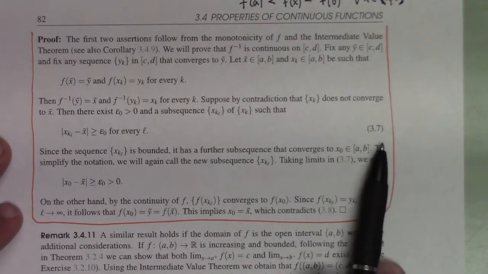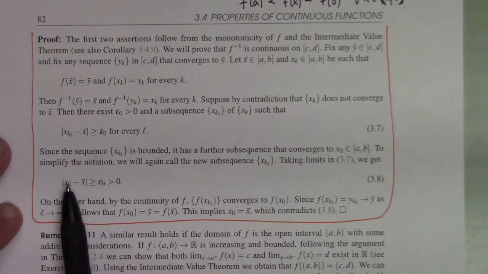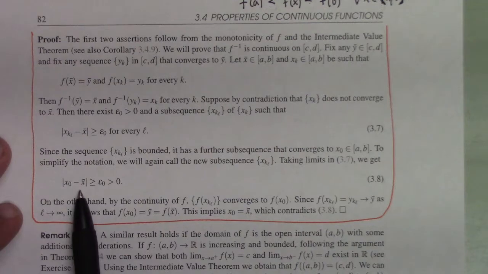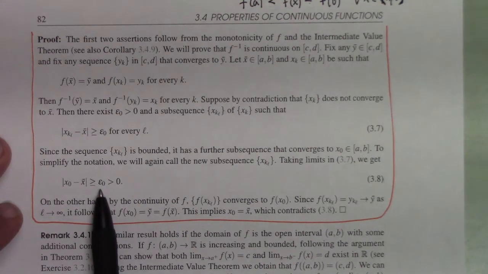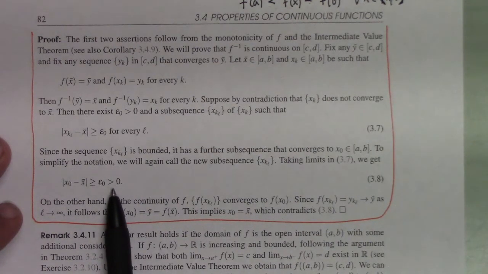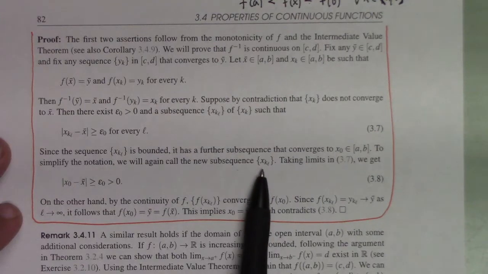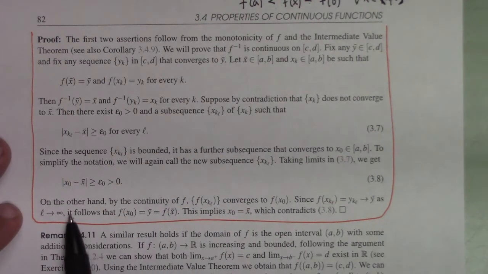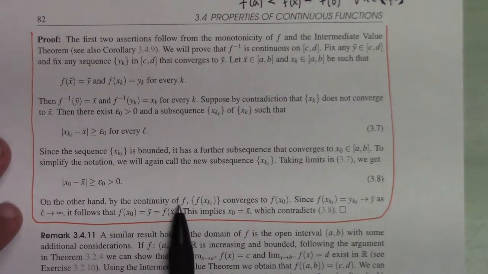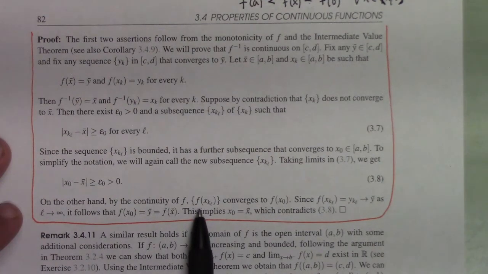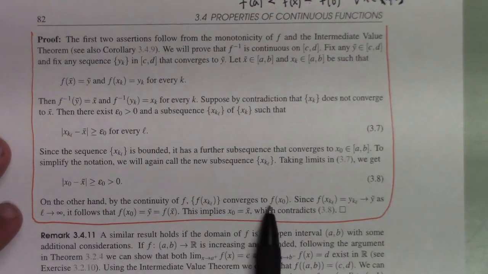Taking limits in 3.7, we get the absolute value of x naught minus x bar greater than or equal to epsilon naught, greater than 0. The limit over the new subsequence, right? But on the other hand, by the continuity of f, f of xkl converges to f of x naught.